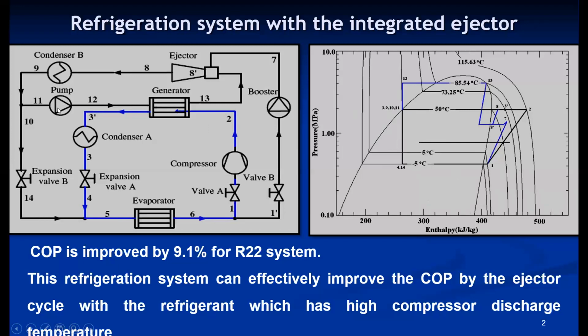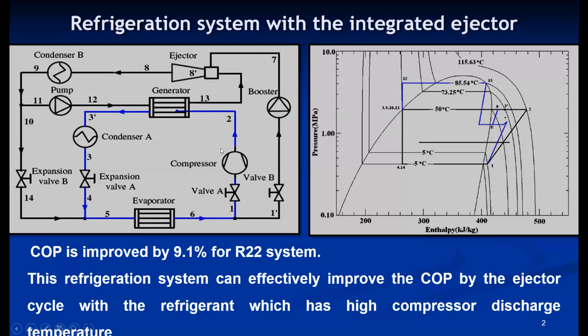The second line goes to the pump. From 11 it pumps, so the pressure rise happens, that is 11 to 12 during the pumping process, and 12 to 13 is the boiling process, the evaporation in the generator. That is with the help of this waste heat recovery.